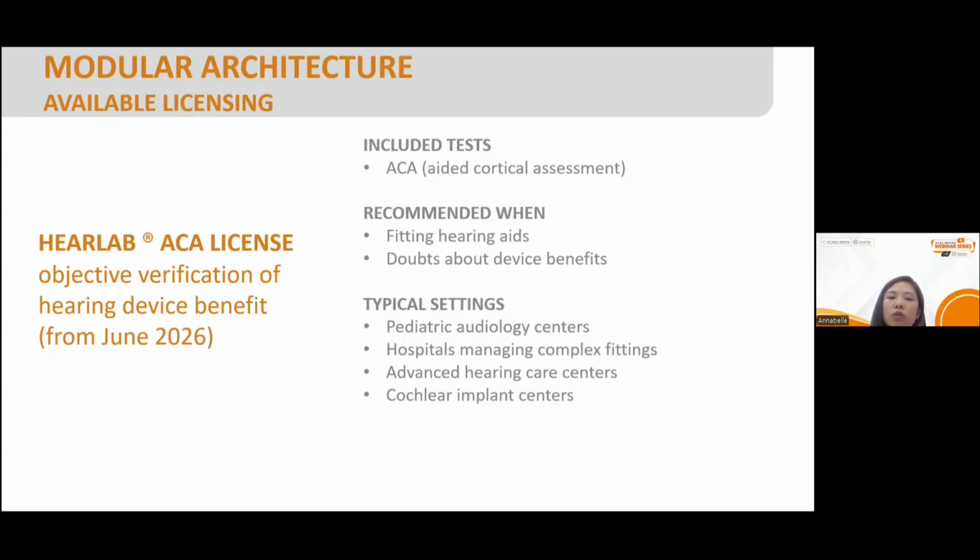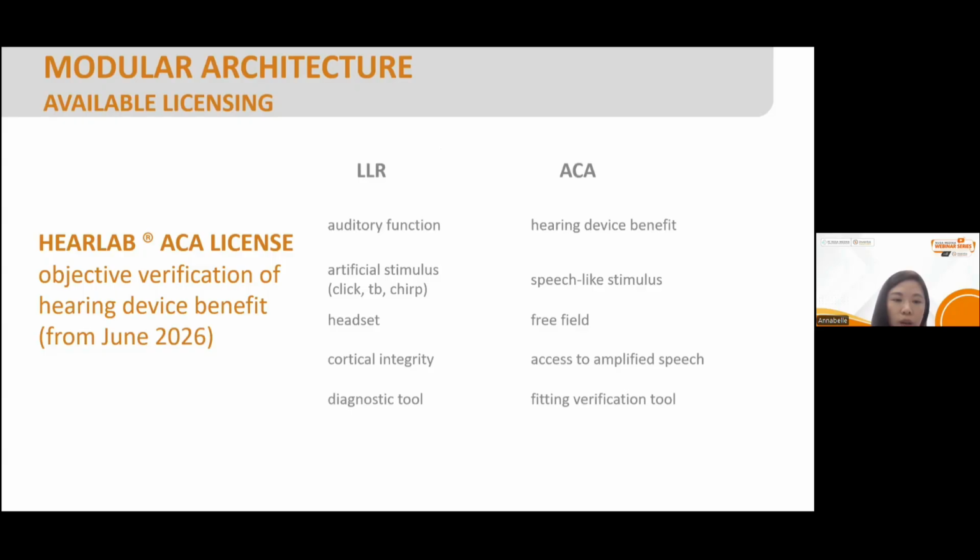But for HEARLab, we use more speech sounds. So more speech-like stimulus to test, we say, the verification of the benefits of fitting hearing aids. Okay. So this is a kind of comparison.